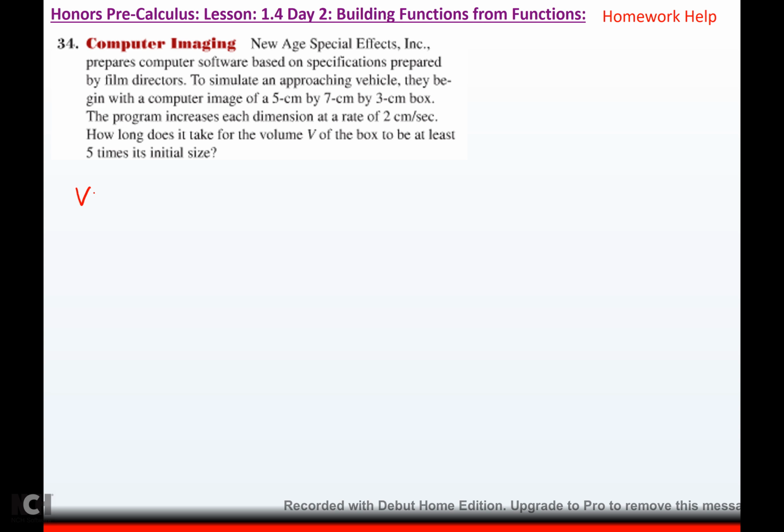So now we're talking volume of a box, which is length times width times height. My initial is going to be 5 times 7 by 3, which is 105. And I want my new volume to be 5 times that. So multiply times 5, and I want a new volume of 2625.